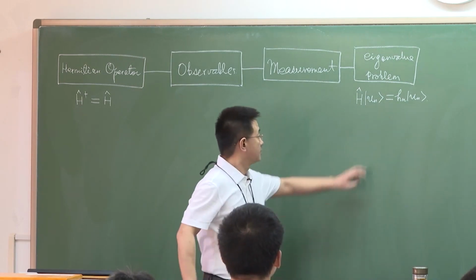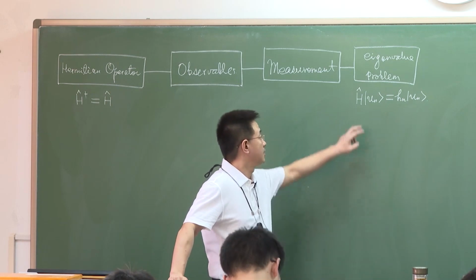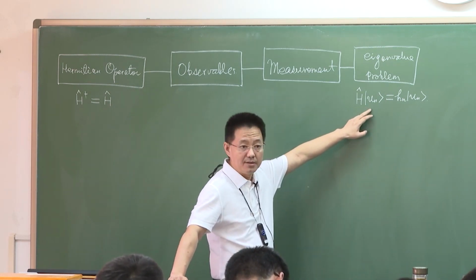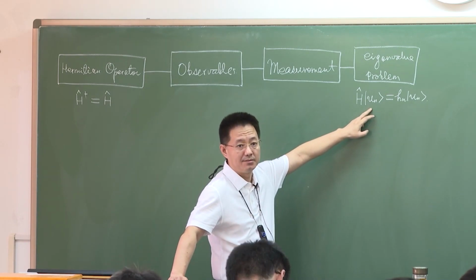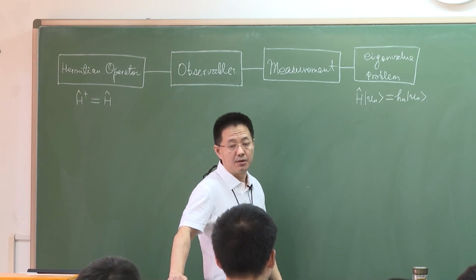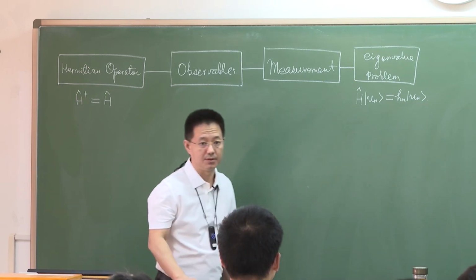And here, Hn is the nth eigenvalue of this Hermitian operator H, and correspondingly, the |Un⟩ is the eigenstate, the eigenvector of this Hermitian operator, corresponding to the eigenvalue Hn. Okay?